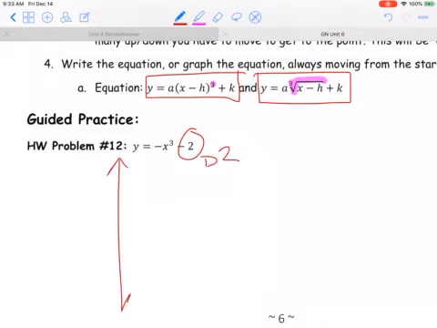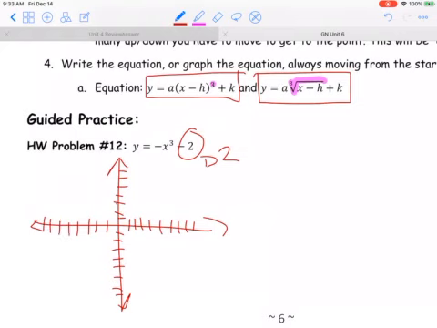So let's draw our picture. I'm not going to have a ton of room for this, so it might go off my graph. Sorry about that. You guys will draw your graphs perfect so they don't go off. Okay, so we're going to start at the origin and move down 2 and put our first point there. That's a vertex. And then we're going to make our parent table. See that x cubed?